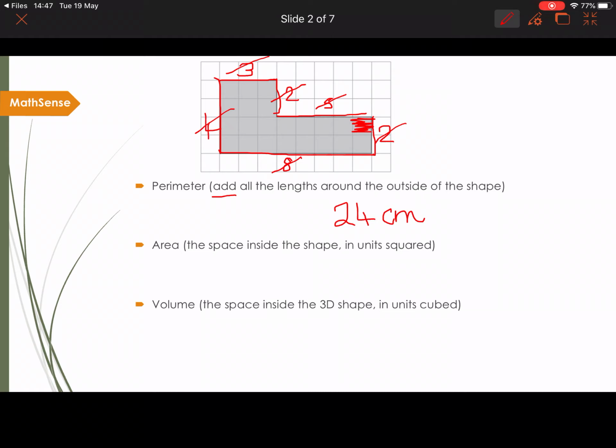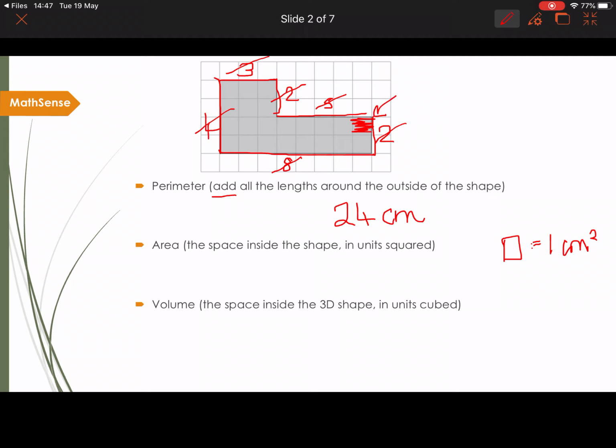Now area refers to the space inside the shape in units squared. What this tends to mean is when you see 1 square like that, you can assume that it has a value of 1 centimetre squared. So all I need to do is count my squares. Now I've already shaded my first one here.